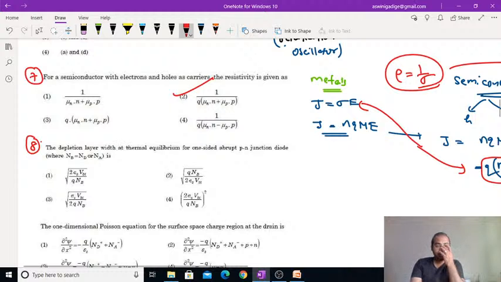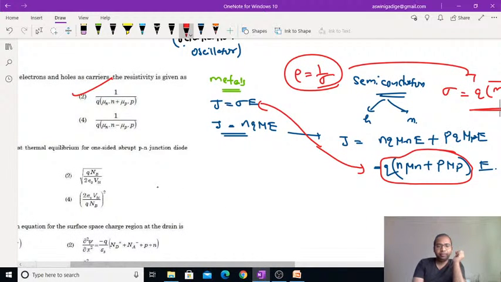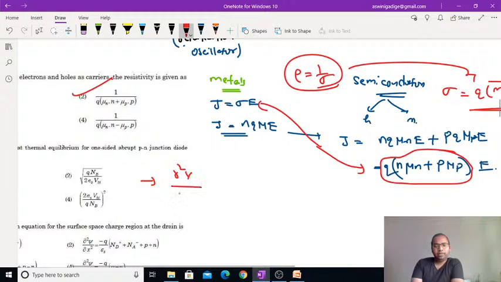The depletion layer width at thermal equilibrium for a one-sided abrupt PN junction. Okay, one-sided abrupt PN junction. So coming to this one, the depletion layer, you can remember the formula or else you can get this one from the Poisson's equation. So usually I prefer to get it from the Poisson's equation, that is d square V by dx square is equal to minus rho by epsilon.